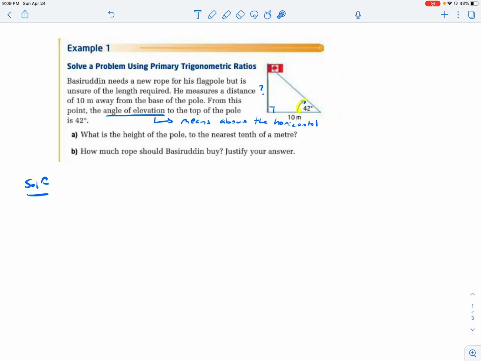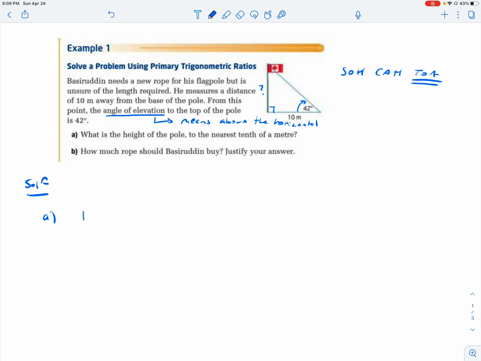I have this angle here, which is good. I'm missing the opposite side and I'm given the adjacent side. What trig ratio uses opposite and adjacent? Recall your SOHCAHTOA, and we know that tan uses opposite over adjacent.